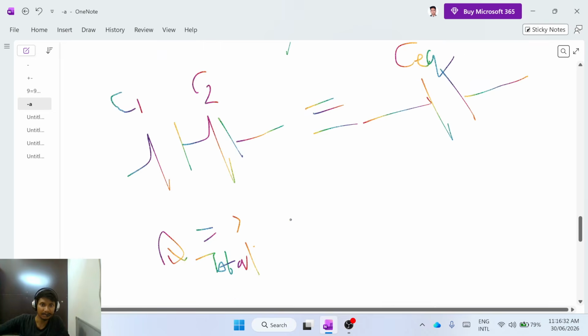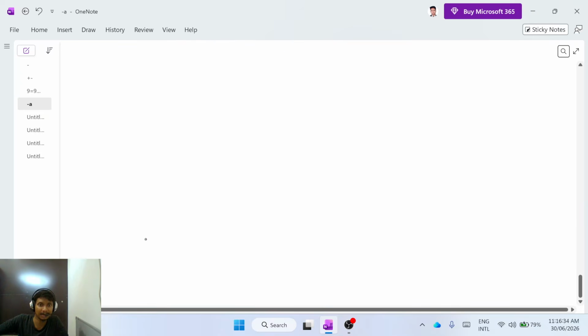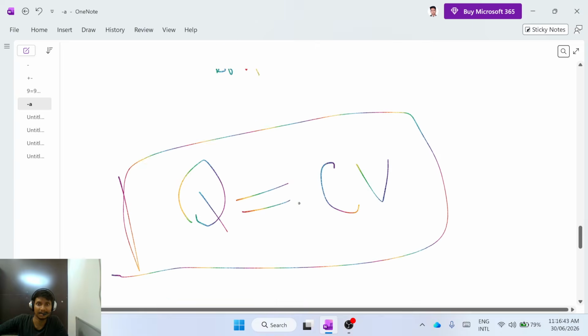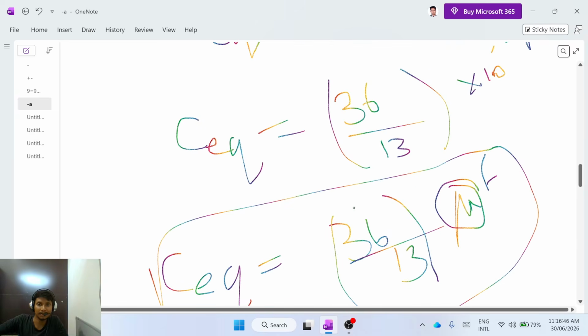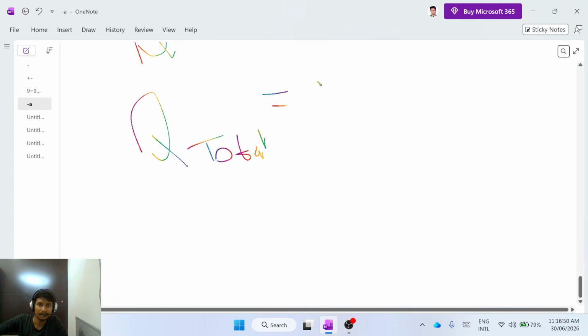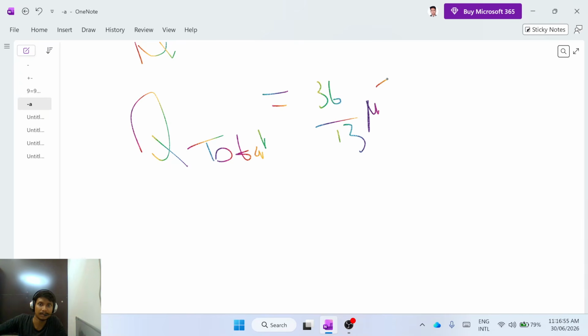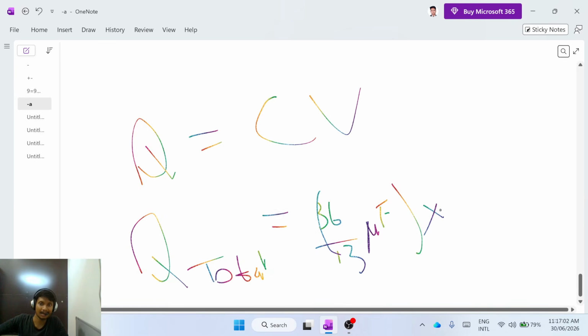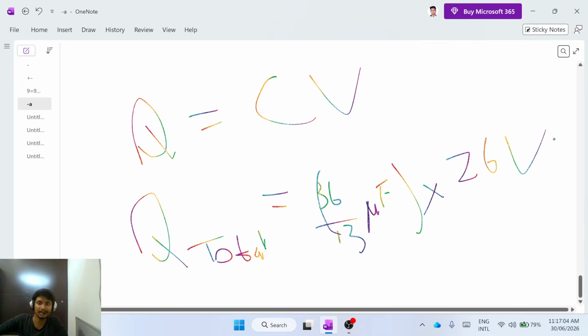Now we have to find Q total. Q is equal to CV. What is C? C equivalent is equal to 36 by 13 microfarad, multiplied by the voltage. They have already given 76 volt DC voltage.